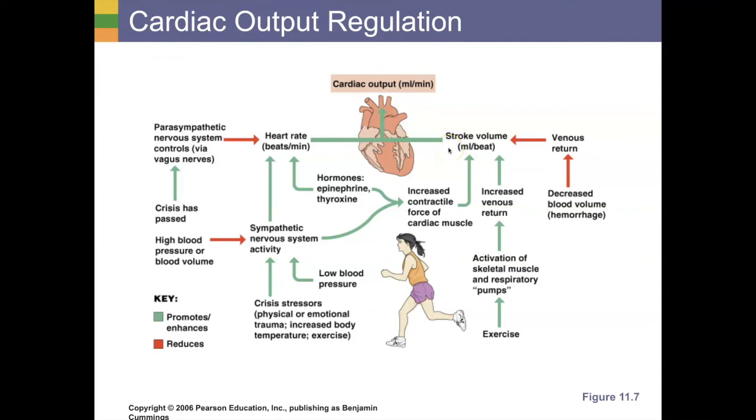Because you are constantly working out, you're constantly giving these cardiac muscles a challenge, and your body knows it needs more blood because your blood carries that oxygen, it carries the nutrients to all your cells, and so it needs to get as much oxygen and nutrients to those cells as possible in the quickest amount of time.